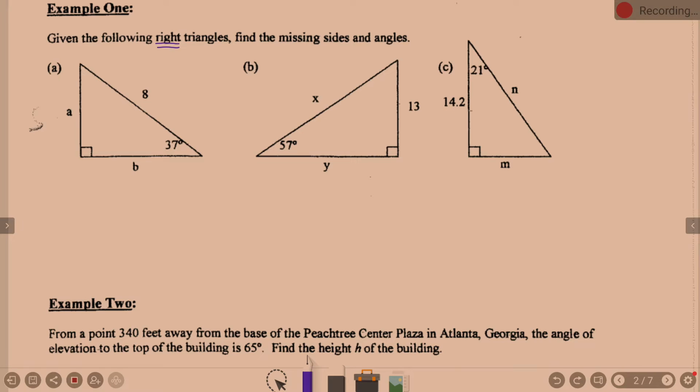We're being asked to find the missing sides and angles. As we look at A, we need to find side length A, side length B, and we have one missing angle up here, don't we? Thoughts on what we could find here?